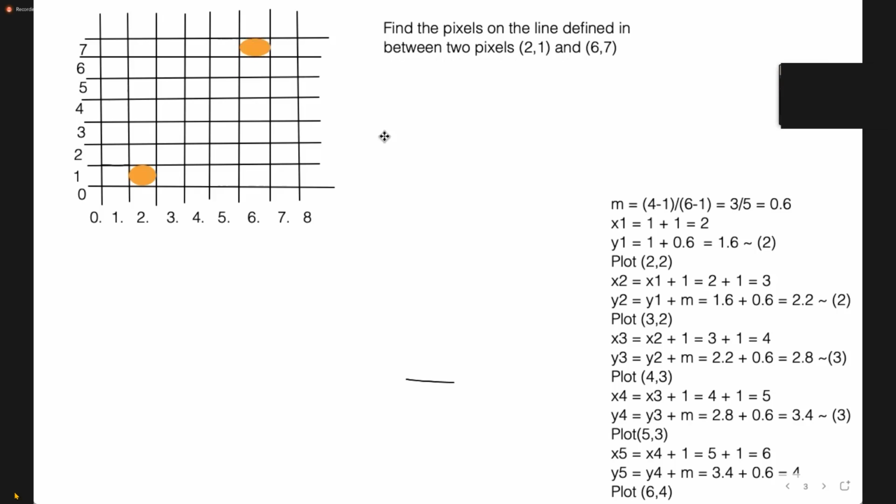You have to find the pixel points in between these two. Just now try and find the points and plot them before I do it. This will help you to finalize what the digital differential analyzer algorithm is as a whole. Do the calculations.